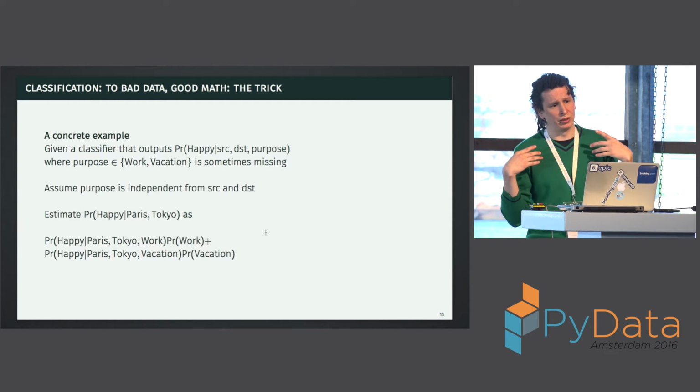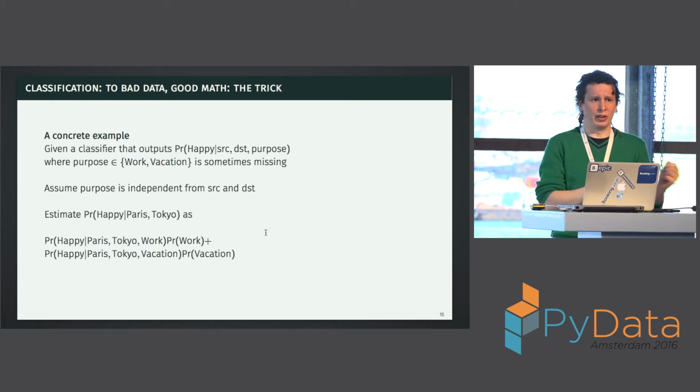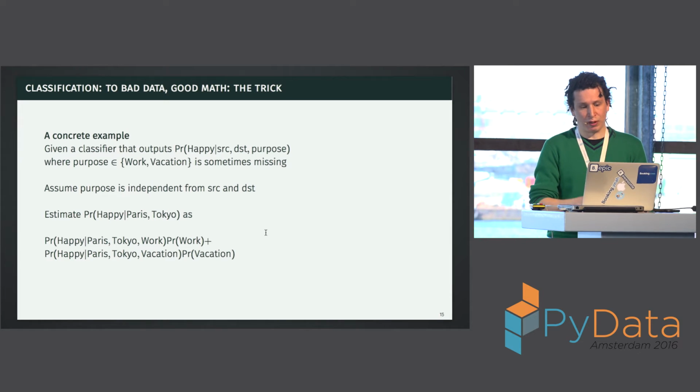So suppose that we want to compute the probability of someone being happy going from one place to another for a purpose. Now, the purpose can be work or vacation, and sometimes it will be missing. Now, when we apply the trick, we assume that the purpose is independent from the source and the destination, which is sort of OK, I guess, right? You can go from anywhere to anywhere for both vacation and working. Then the idea is that you can estimate.